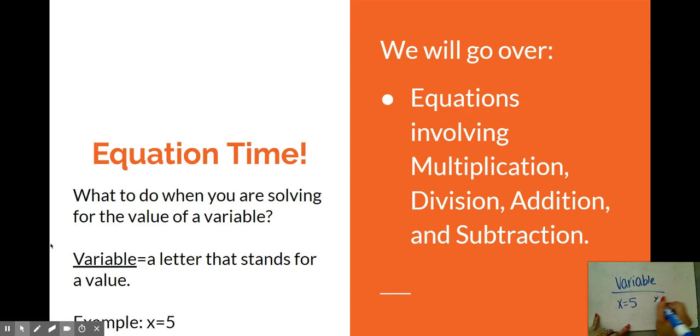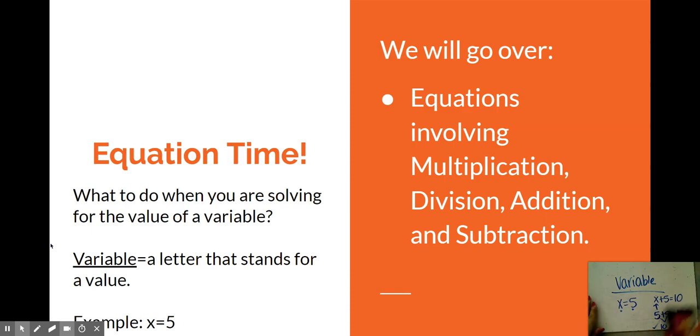So if my equation said x plus 5 equals 10, well, this x right here would be 5. And I'd plug it in. I'd add my regular 5. And once again, the left side, if it says equal, has to equal the right side. So 10 equals 10 is correct. So it makes it true.